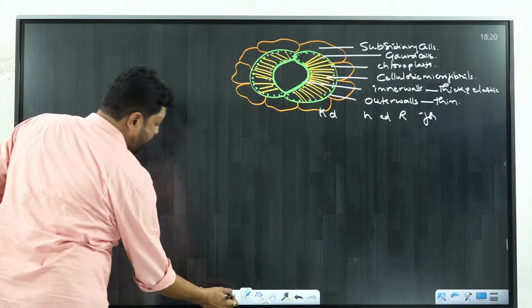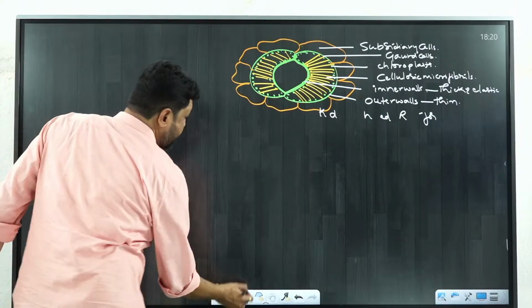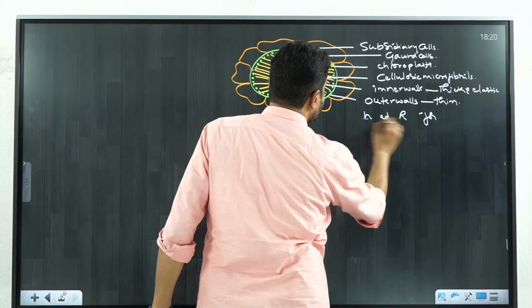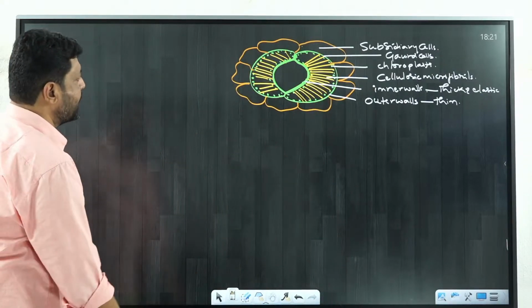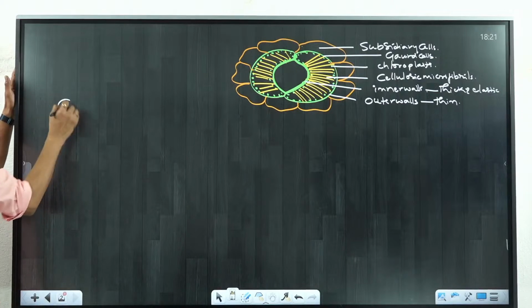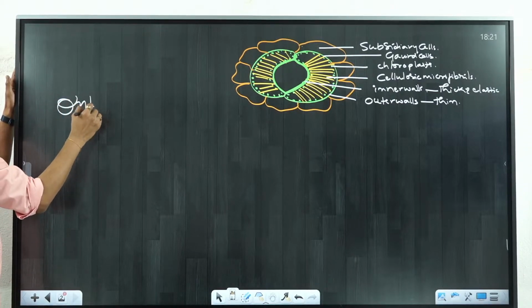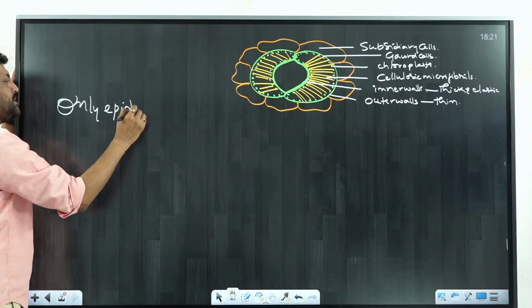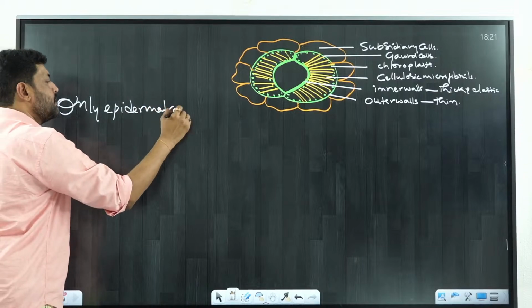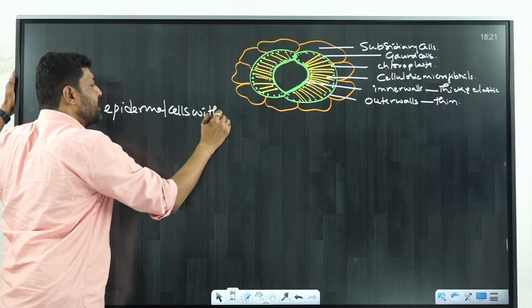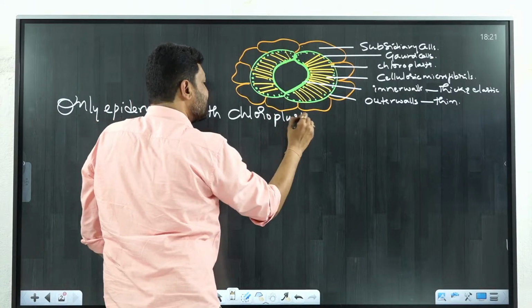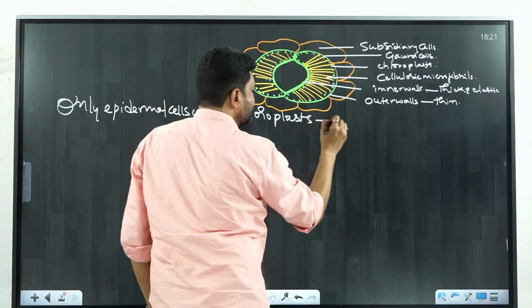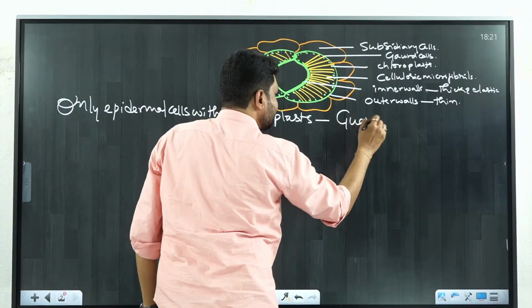So what is the other question with respect to this stomata? Only epidermal cells with chloroplast is guard cells.